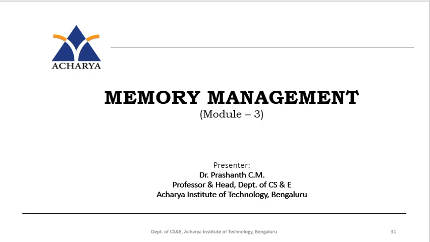Good morning. I'm going to continue my discussion on memory management in this class as well. In the last class, we discussed the hardware support that the operating system gets to access instructions or data from the main memory quickly.